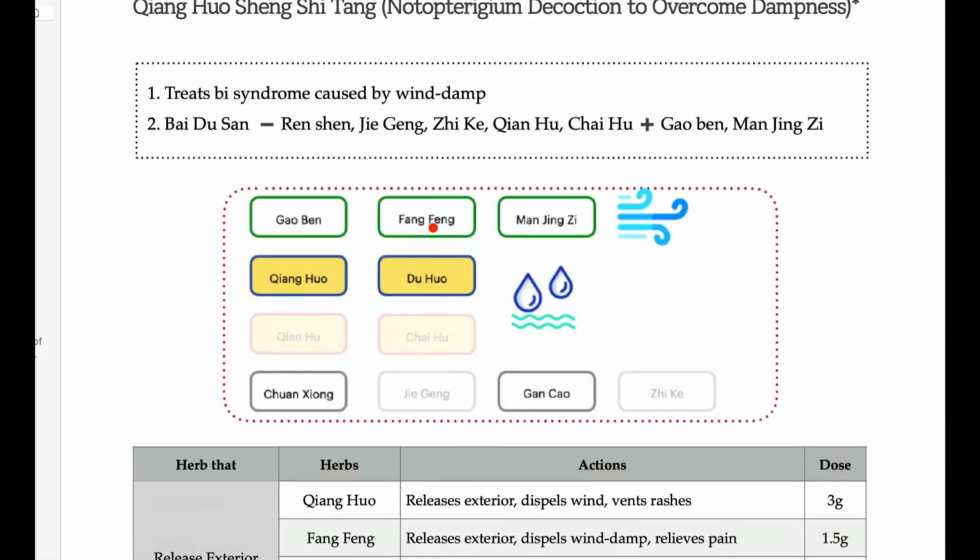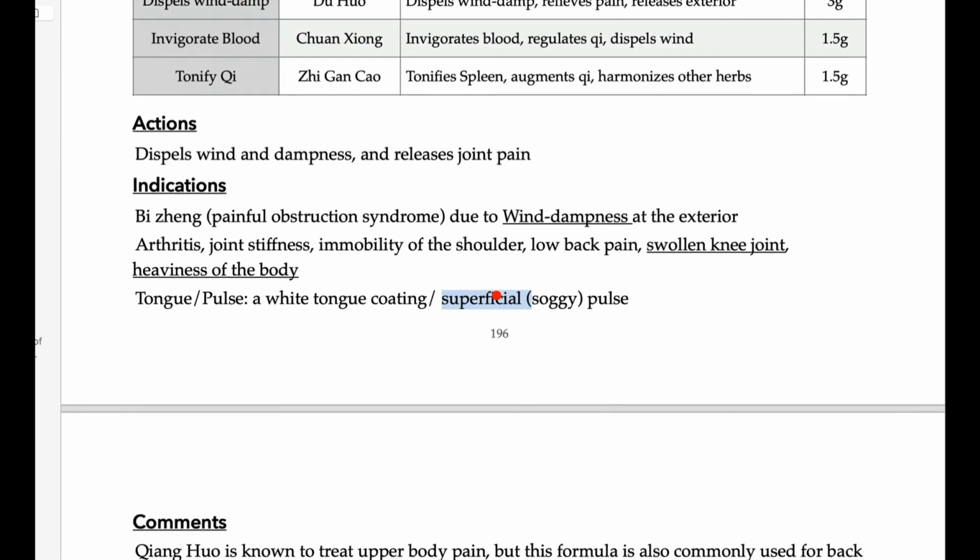So you can interpret these herbs as releasing exterior herbs like in Baidusan, but you can also interpret these herbs as releasing wind damp when combined with other dampness-releasing herbs. So connecting Fangfeng with the superficial pulse is a one-dimensional schematic approach, which I do not appreciate.